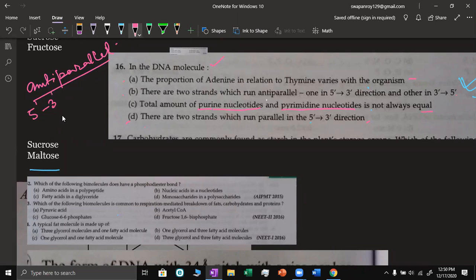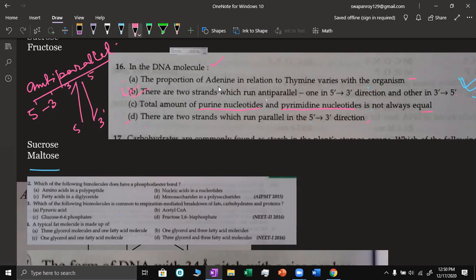They have polarity in the polynucleotide chain, and when it is anti-parallel, they move in this direction, one opposite to the other. This is 5, 3, and this one will be 3, 5. So this one is correct.